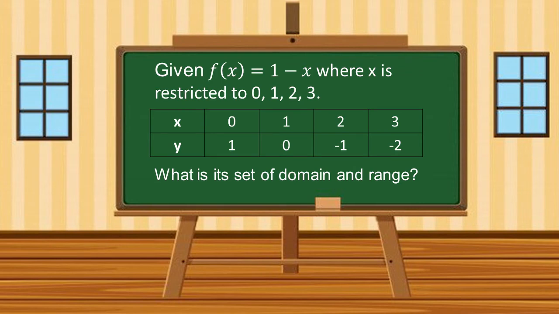Let us take another example. Given f of x equals 1 minus x, where x is restricted to 0, 1, 2, and 3. What is its set of domain and range? The table of values is shown on the screen.